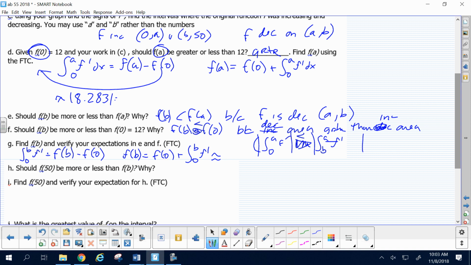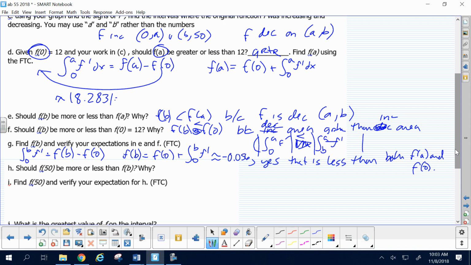But I got it as an estimate, or my decimal answer, negative 0.056. That actually verifies, yes, that is less than both f at a and f at 0, as we expected.